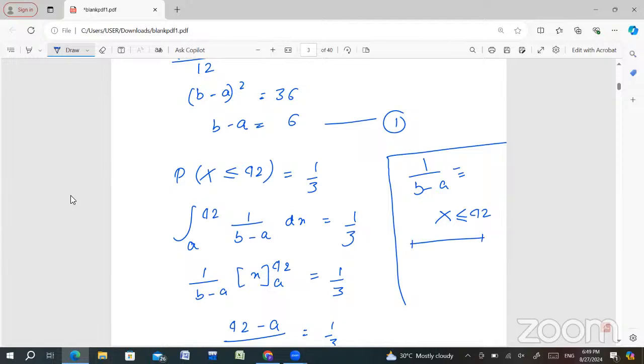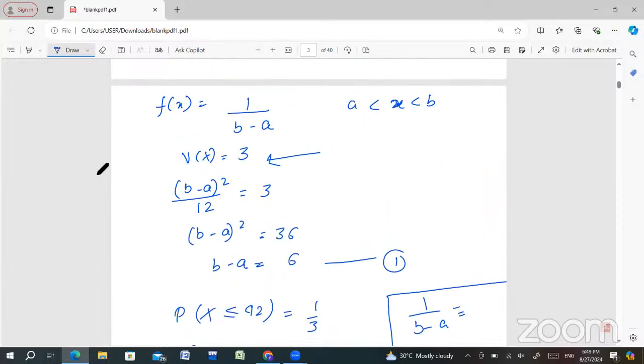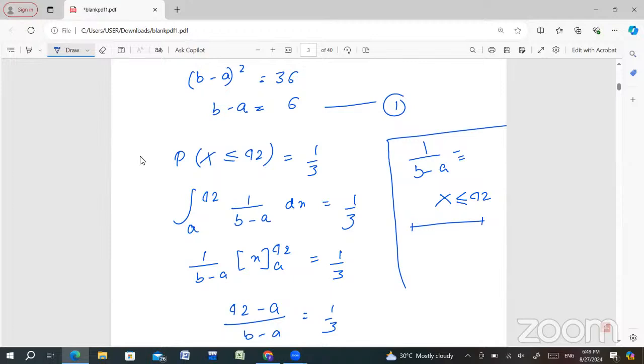In the recent one, why are we not using that minus 5 to 5 definite integral? See, here you have to find the probability that x is less than or equal to 42. That means x ranges from the lower limit given in the distribution, which is a, to the upper limit, which is given as 42.